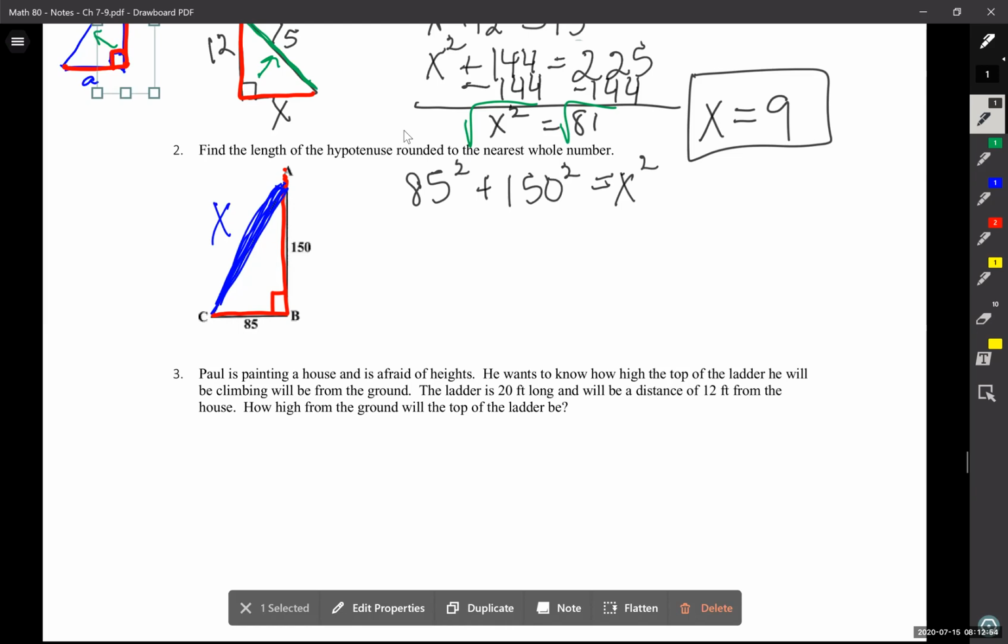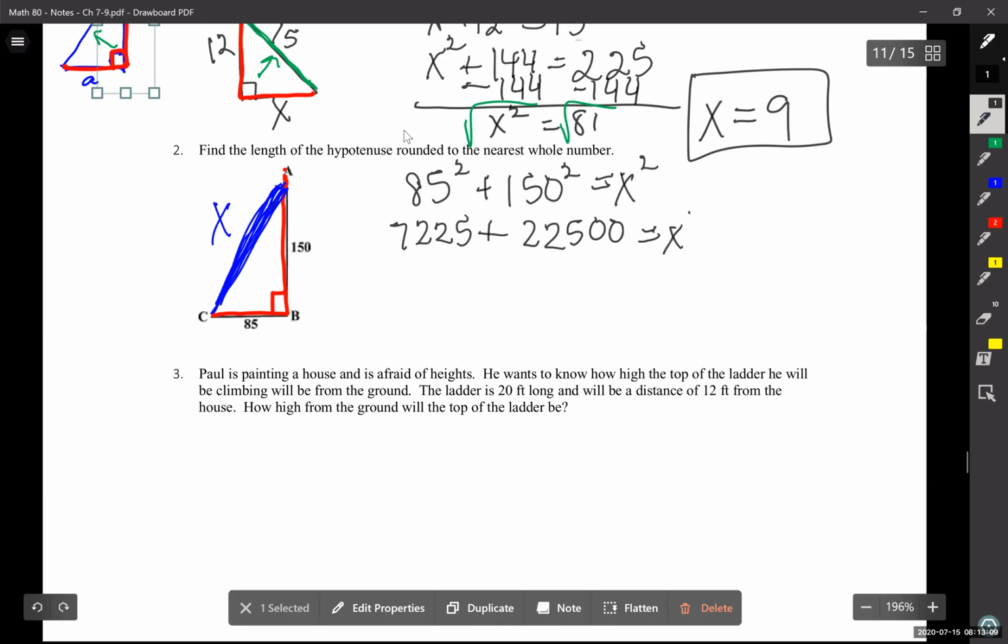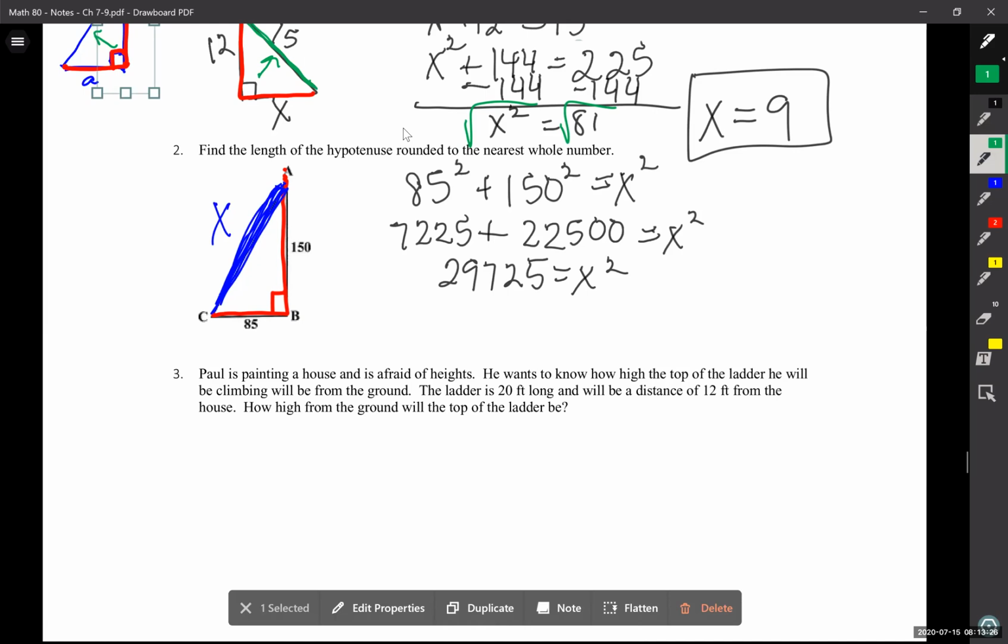It's a pretty big number. 7,225 plus my 150 squared, which is 22,500. I'm going to add those two together and get 29,725 equals x squared. So this one, we just had to simplify the left-hand side because the x was already by itself on the right.